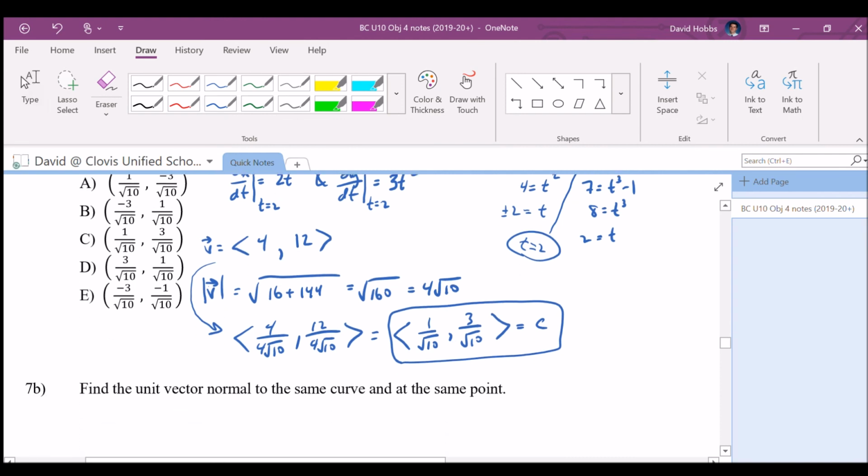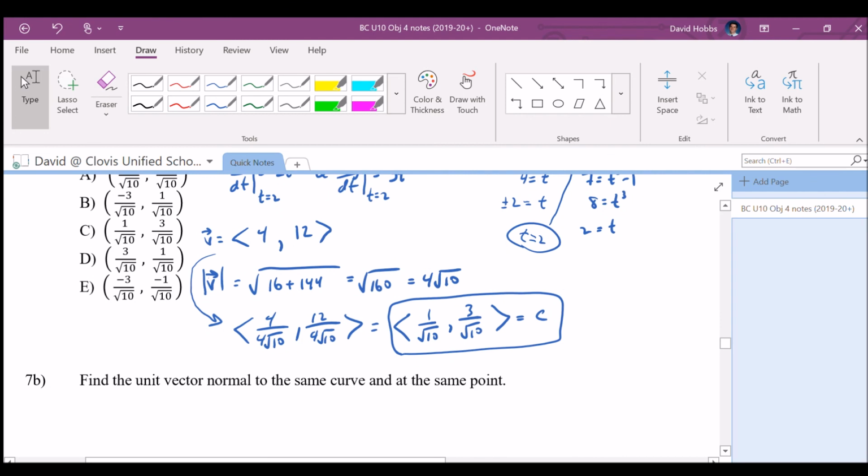Now, 7b, find the unit vector normal. Now remember, normal means that we're doing perpendicular to the curve. And this is tangent to the curve, the one that we just did before. If we're doing perpendicular, we need to have the 3 over root 10 and the 1 over root 10 trade places.